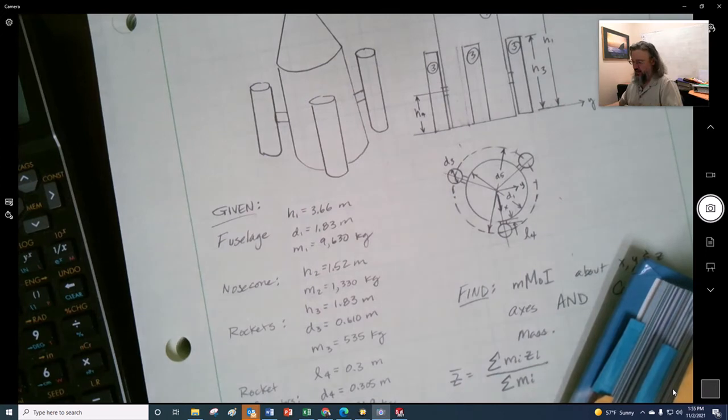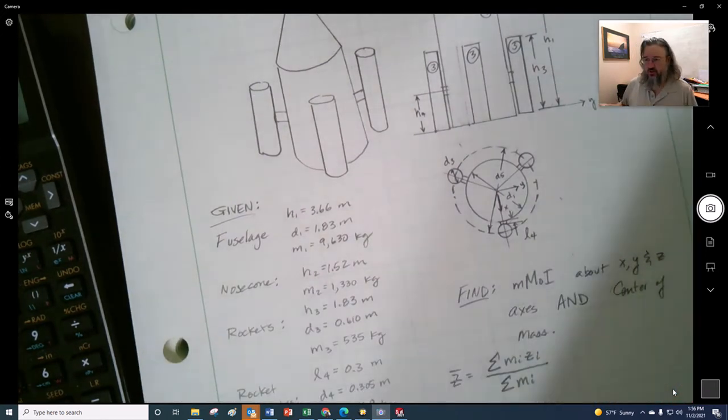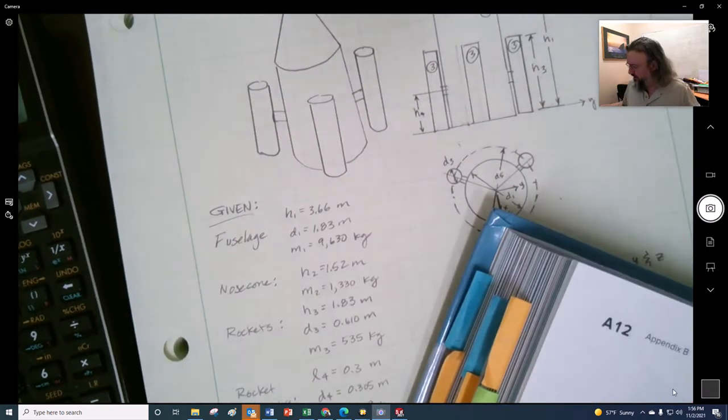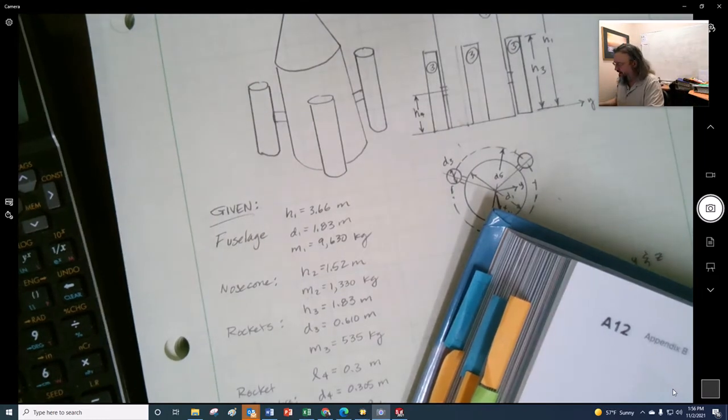I think in the dynamics standalone there's an appendix B, but I don't think they have those appendices in the larger book. No, they don't in the larger book, right?